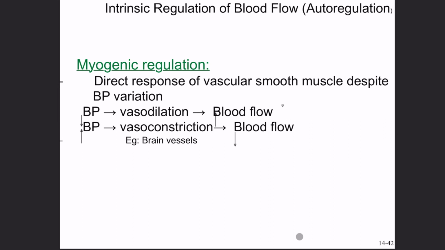So when there is decreased blood pressure to the brain, the smooth muscle of the blood vessels themselves are going to release a paracrine response that will increase blood flow. And contrastly, if there's increased blood pressure, it'll send a response that will decrease blood flow. This would be considered myogenic because it's the smooth muscle within the blood vessel walls itself.